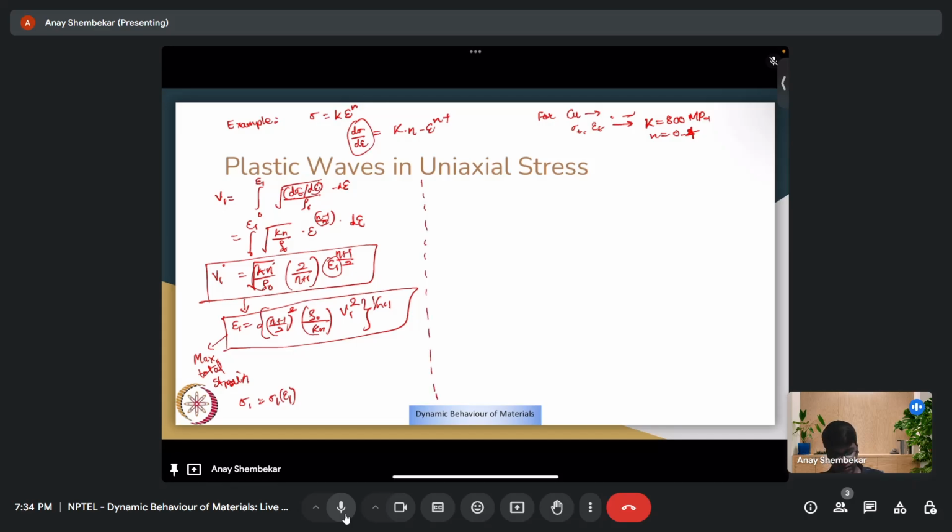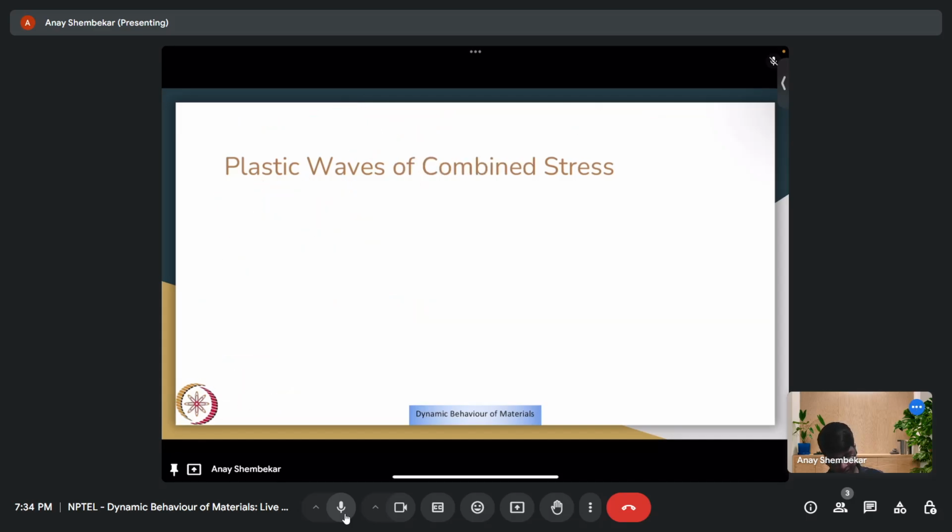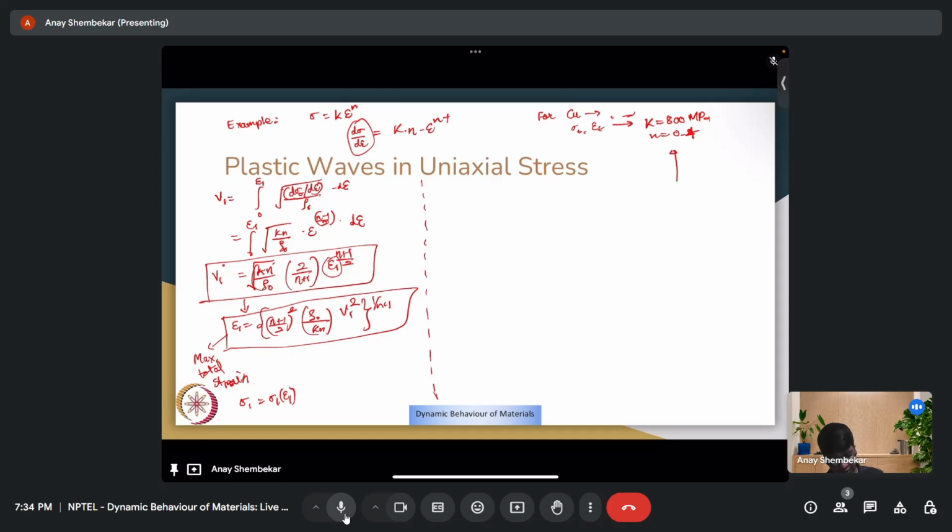One of the limiting criteria for this is that if we draw the engineering stress strain curve and the true stress strain curve, this is the true stress strain curve.